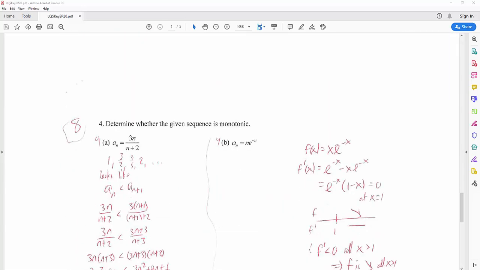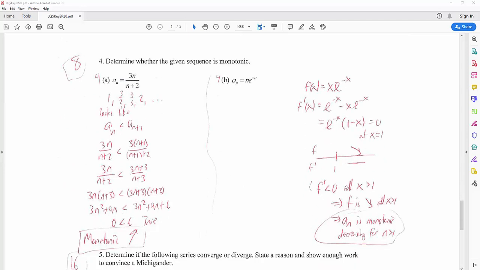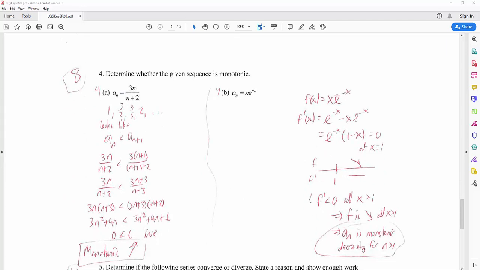Number 4, determine whether the given sequence is monotonic. So for 4a, I wrote down the first 4 terms of the sequence. That's not enough to say that it's monotonic. You can't just write down some terms and say, yep, that's good, it's monotonic. You have to show that it's monotonic.